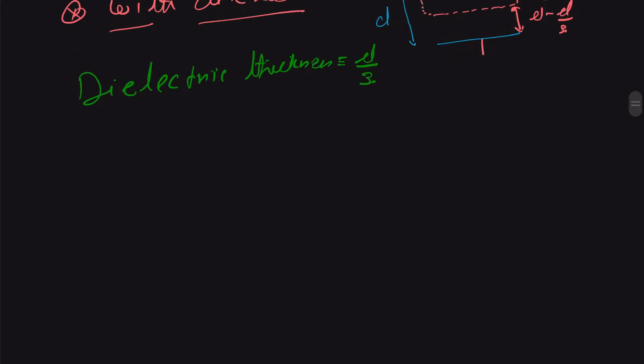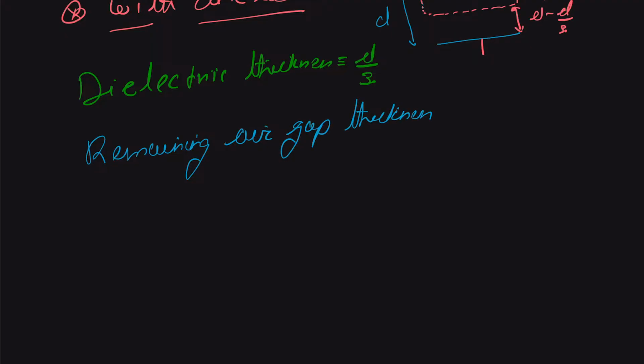Therefore, the remaining air gap thickness is equal to d minus d by 3, which comes as 2d by 3. And the area of the plates will be the same, with and without dielectric. So now we have two capacitors, one having a dielectric and the other having air.